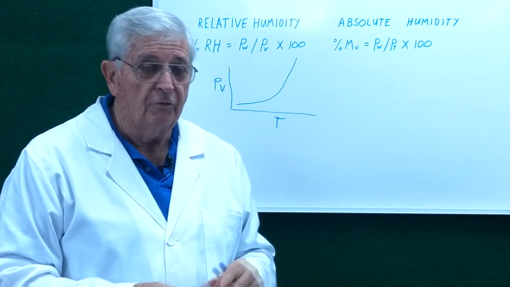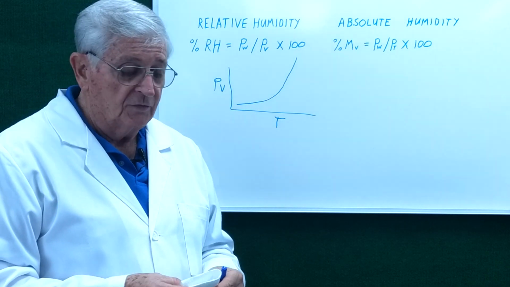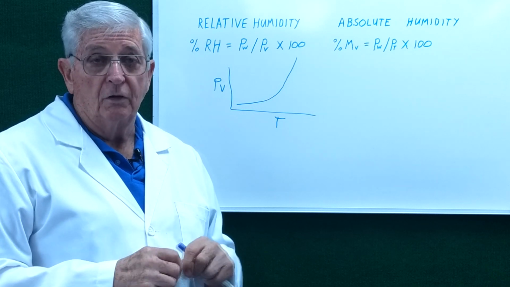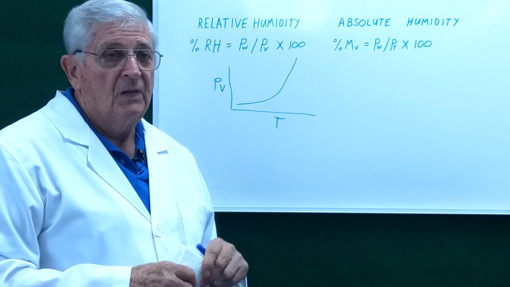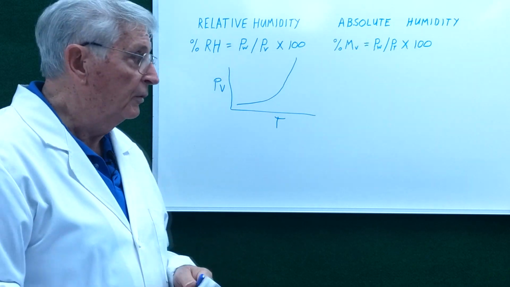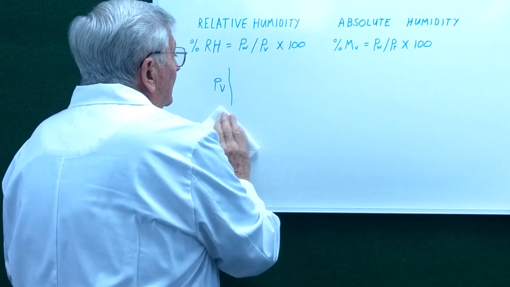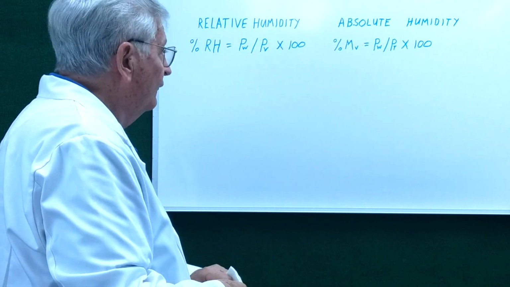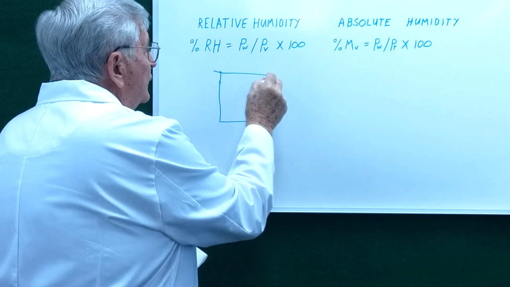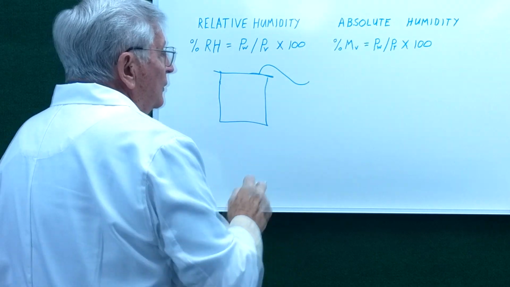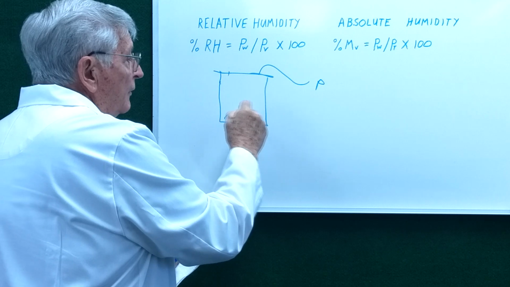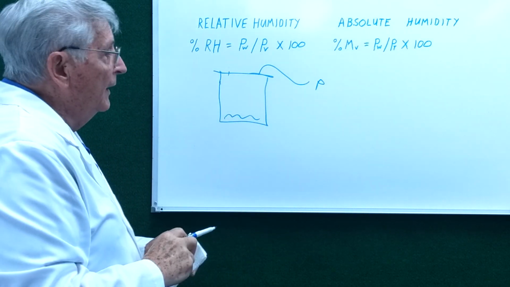Now in the first video, we did a demonstration of measuring the vapor pressure of water using a sealed glass jar and some manometers. First we took a sealed jar and went over to a pressure measuring device, and then we squirted some water into the jar.